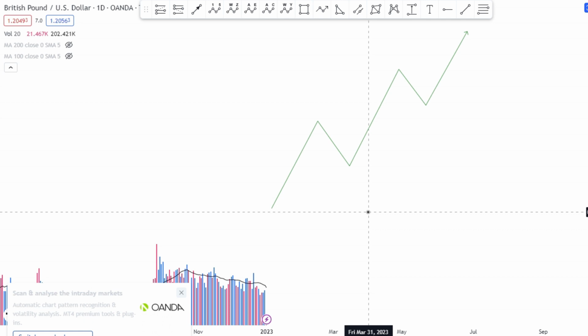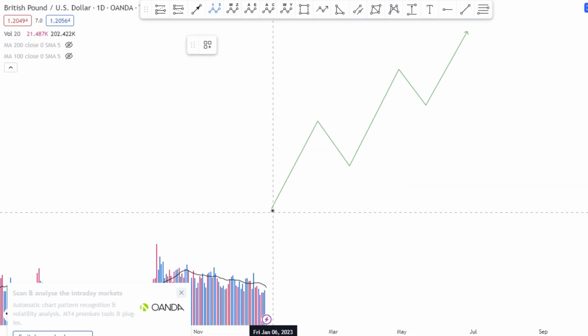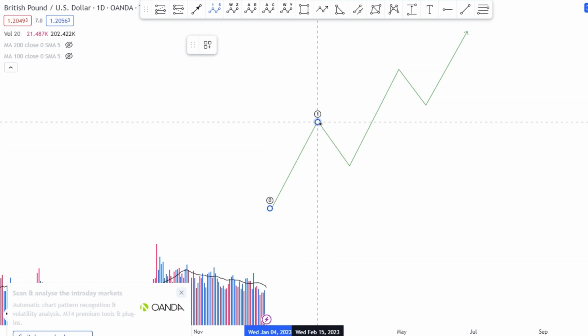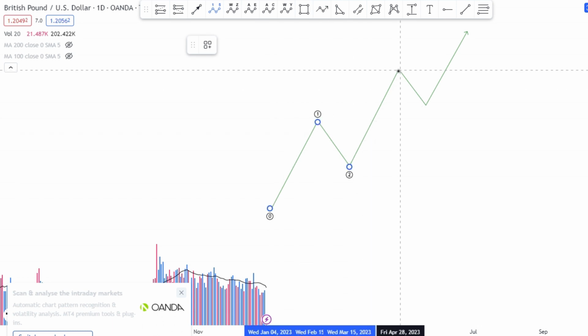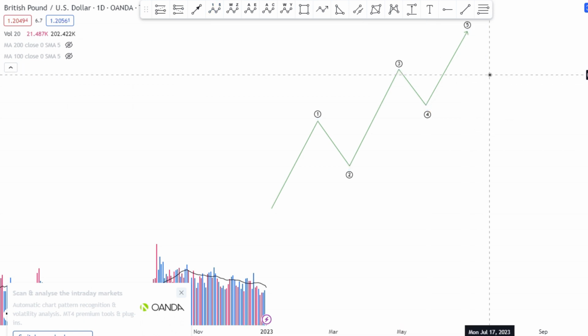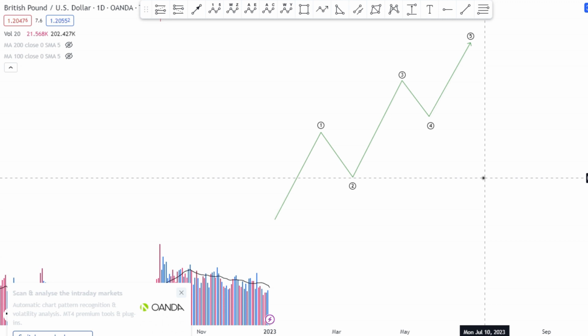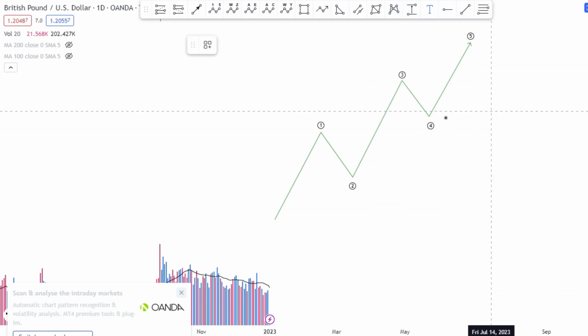This is the Elliott wave structure. When you have the Elliott wave structure, we have wave 1, then wave 2, wave 3, wave 4, and finally wave 5. Under this wave structure, we have the principles which we call Elliott wave principles.